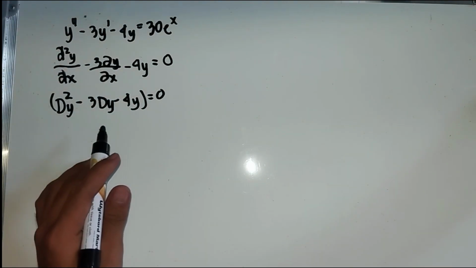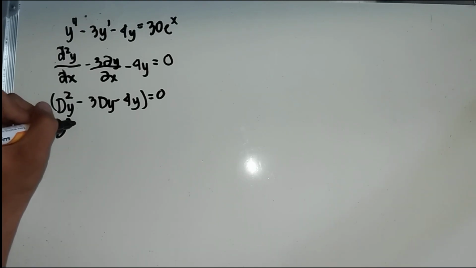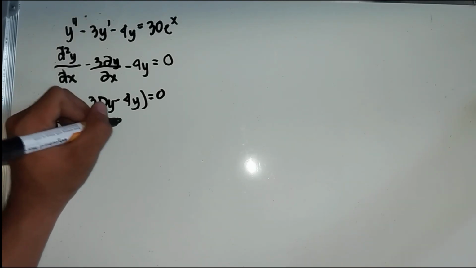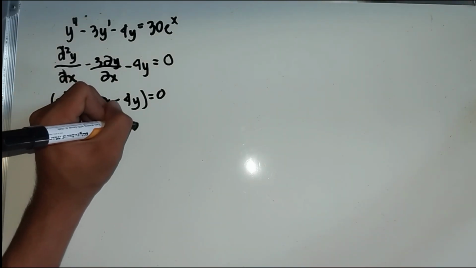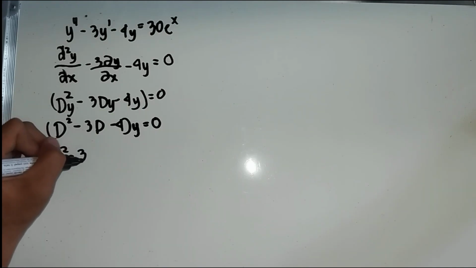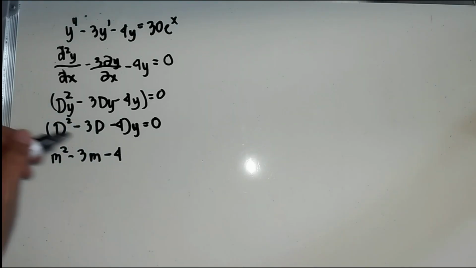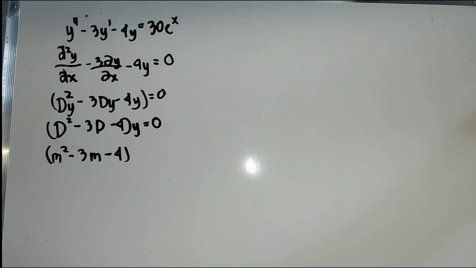So we factor out the y, so we're left with d squared minus 3d minus 4 times y is equal to 0. First we make it an auxiliary equation, so this becomes m squared minus 3m minus 4. It is already a quadratic equation, so we're going to find its roots.